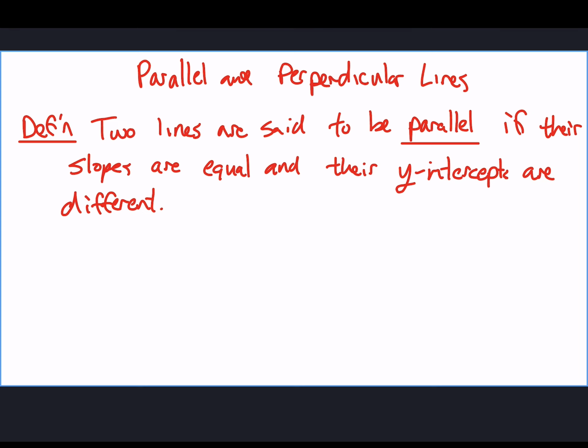So what does it take for two lines to be parallel? Same slope and different y-intercept. If they have the same slope and the same y-intercept, they're not really different lines, they're the same.